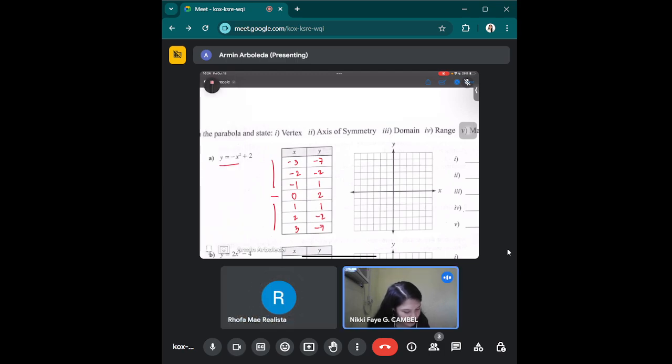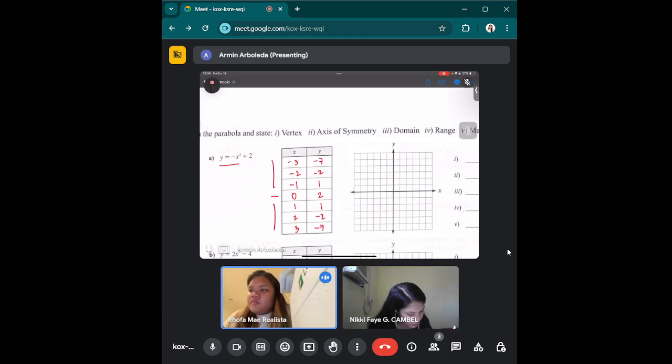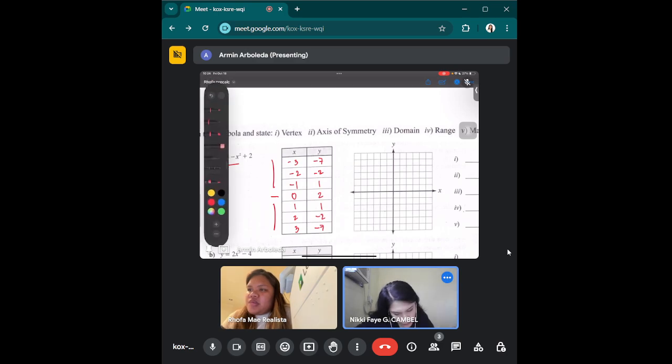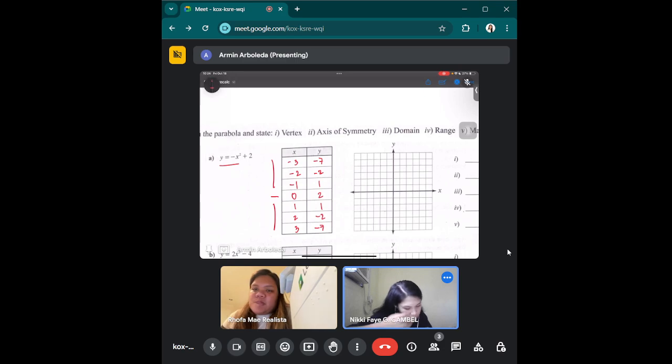Now let's try graphing this one. Let's assume the vertex is at 0 and 2. What do you think will be the parabola?